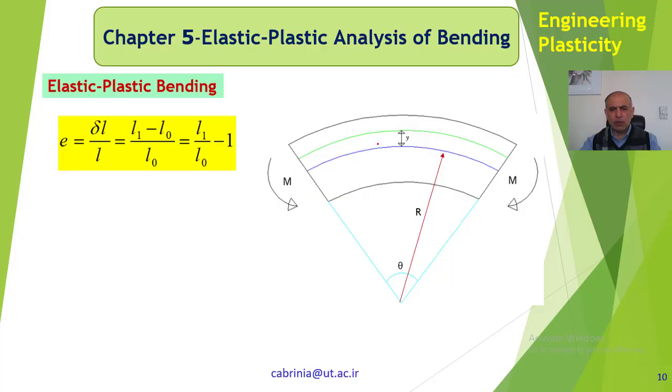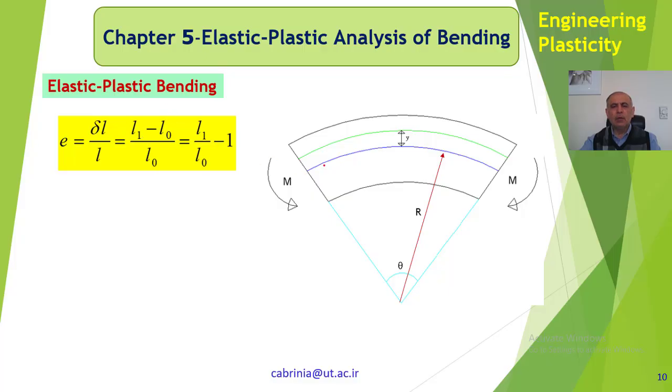You see this one which is on the top is under tensile stress, and this is the original line. Okay, when this beam was not under the bending moment load, all these lines, green line, blue line, this one, that one, all of them were the same, and they were equal to the original length, L0.